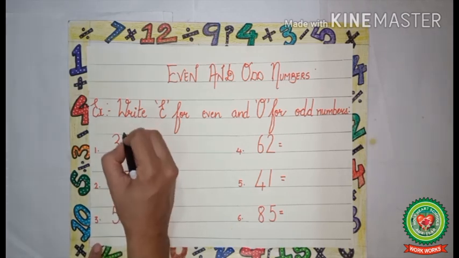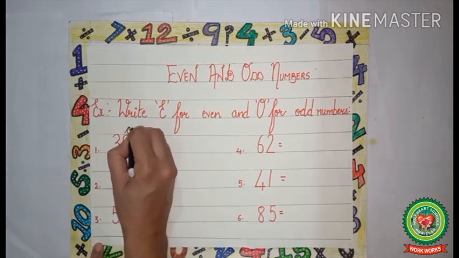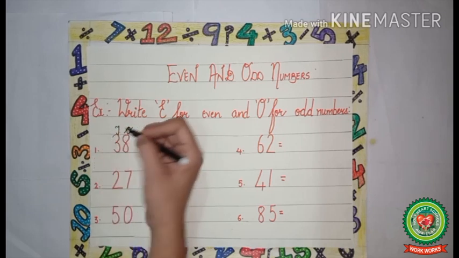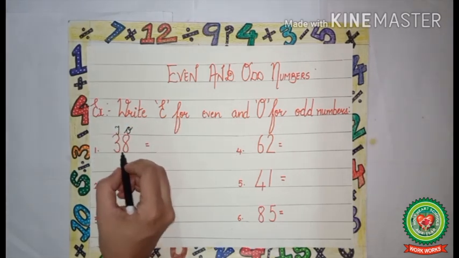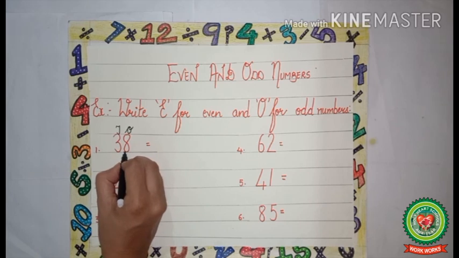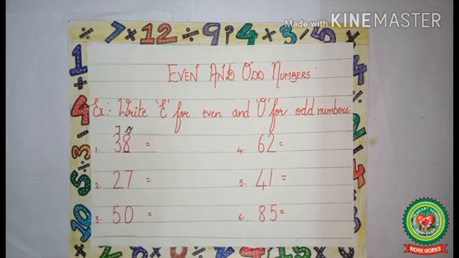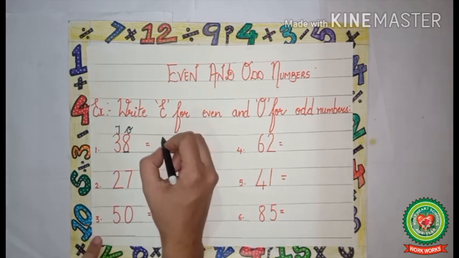So we will write place value chart on it, that is ones and tens. Now we will see at ones place number. The ones place number is 8 and 8 comes in the table of 2, so the number is even. So we will write E here.